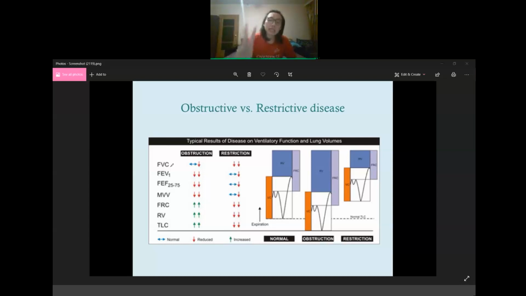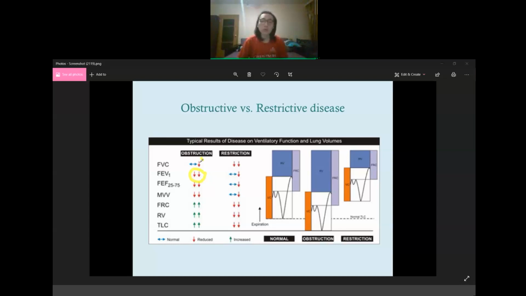These are the two problems in obstructive lung diseases: they cannot empty the lungs, and cannot empty them fast enough. So your FEV1 will definitely decrease, right? But your forced vital capacity might be normal or possibly decreased.